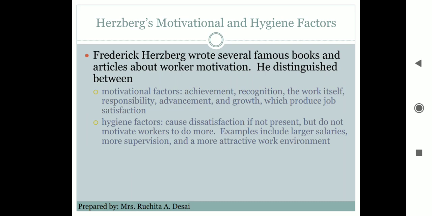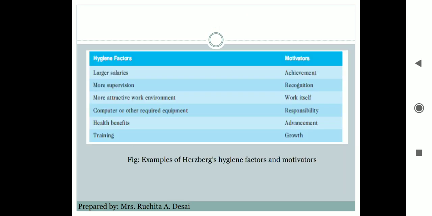The people are not satisfied with the job responsibility or with the work itself. The examples include larger salaries, more supervision, and a more attractive work environment, etc. This is an example of Herzberg's hygiene factors and motivators.